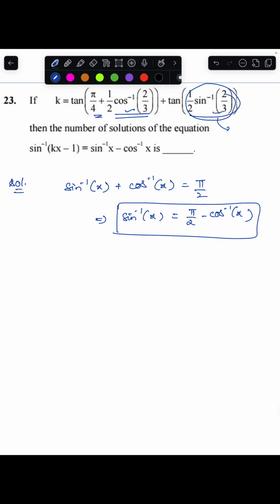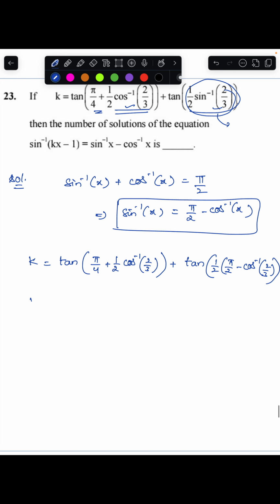So substitute over here. So you'll be getting k equals tan of pi by 4 plus half cos inverse 2 by 3 plus tan of half of pi by 2 minus cos inverse 2 by 3. So what I will do is I will take half cos inverse 2 by 3 as some theta.